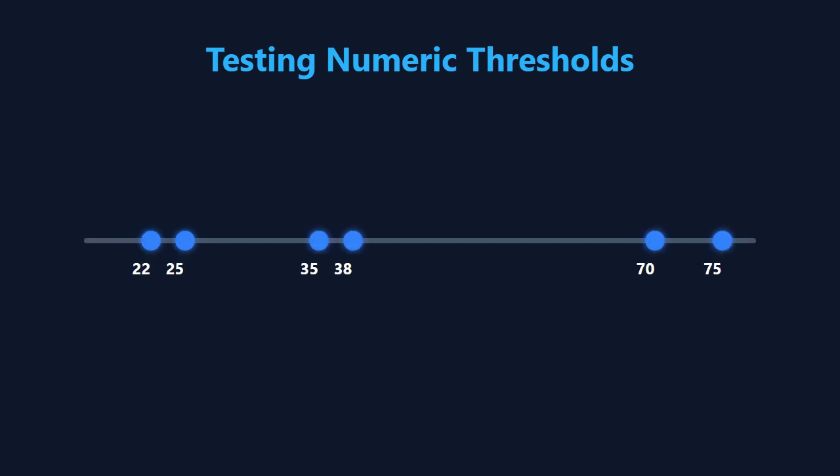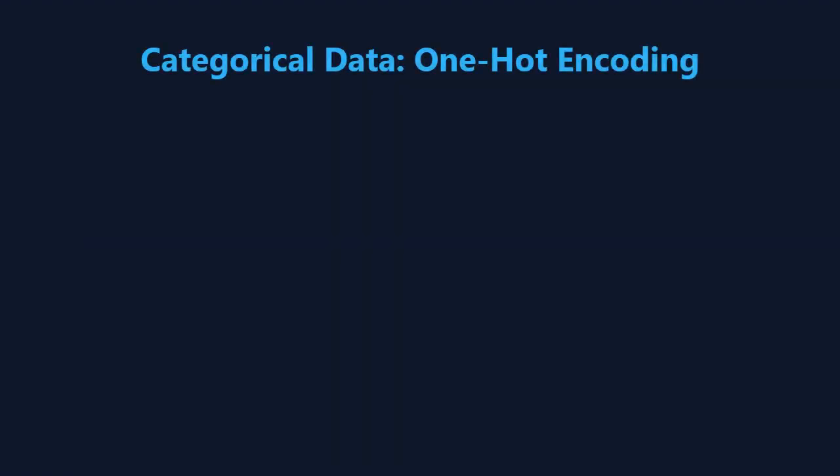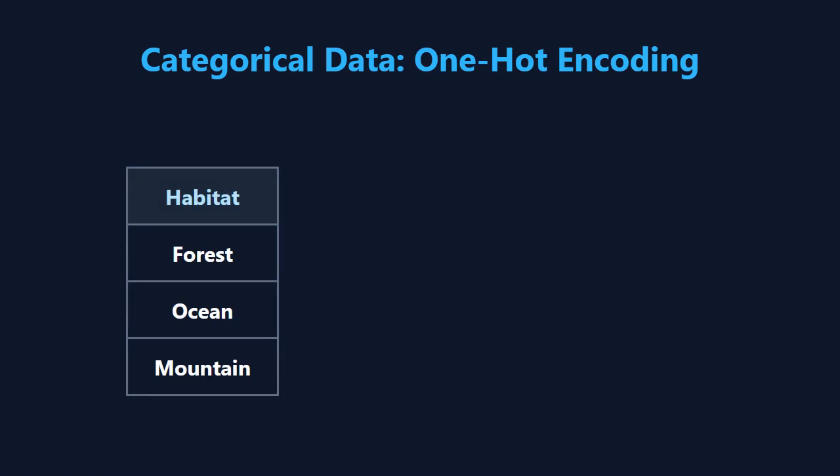Our features aren't always yes or no. Suppose wingspan contains 22, 25, 35, 38, 70, 75. The tree can test thresholds, and it evaluates these possible splits. Then it chooses the threshold that produces the best separation. Decision trees can also work with categorical information.